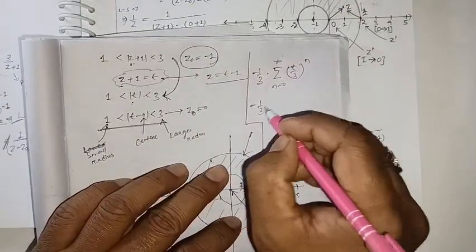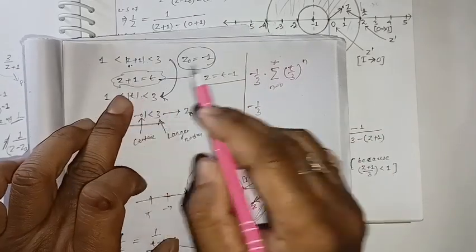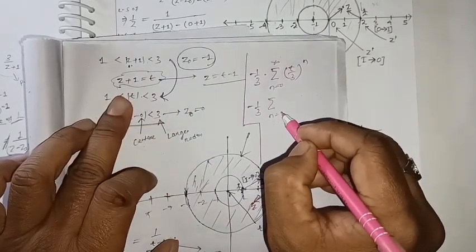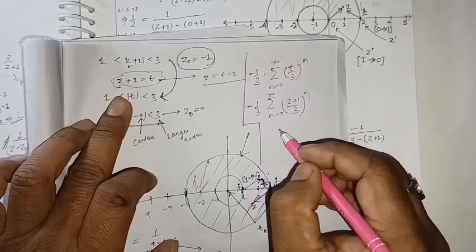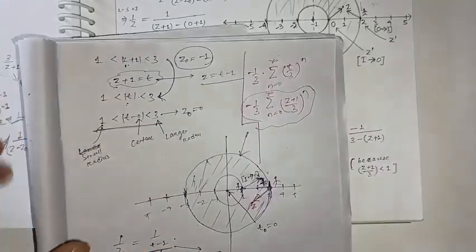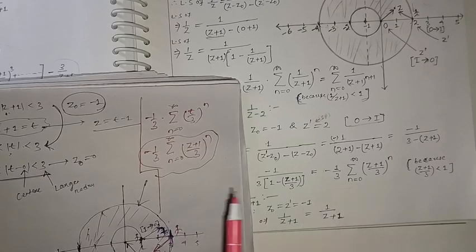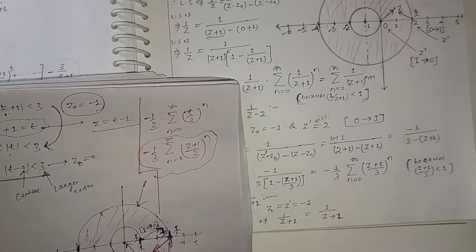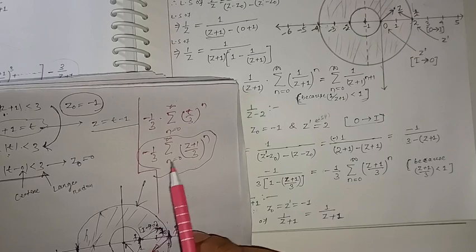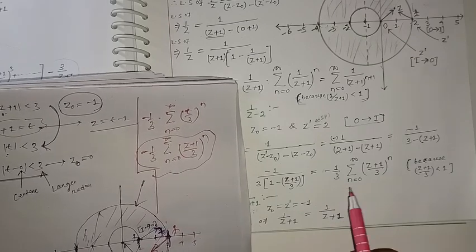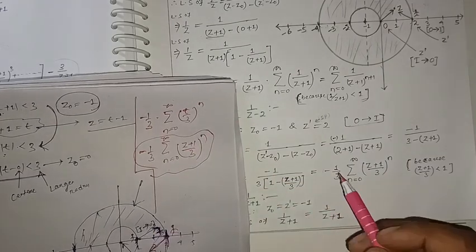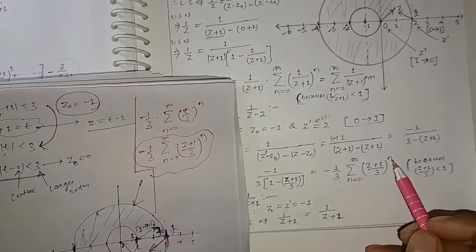So minus 1 by 3, and instead of t, we write z plus 1: summation over n equal to 0 to infinity of z plus 1 by 3 to the power n. Exactly matched, yes or no? Here you can see that we got the same result. By this method we got minus 1 by 3 summation over n equal to 0 to infinity of z plus 1 by 3 to the power n, and by that method in our previous class we also got the same result.